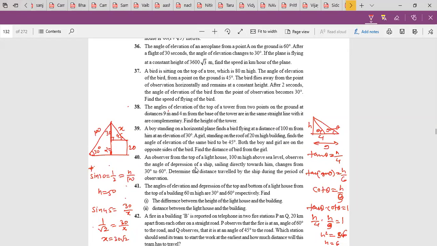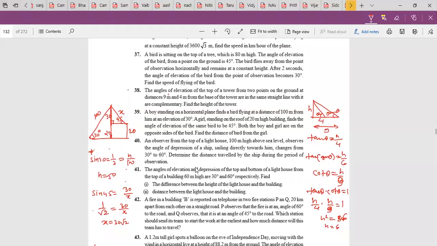Complete till 40, then we have to start science. Ma'am, I got 115.4 for 40. Yes, right.